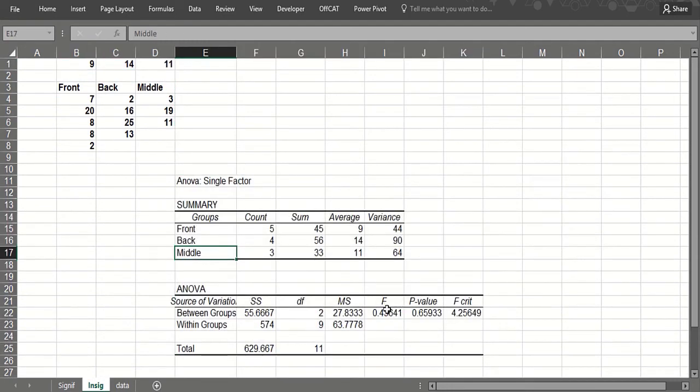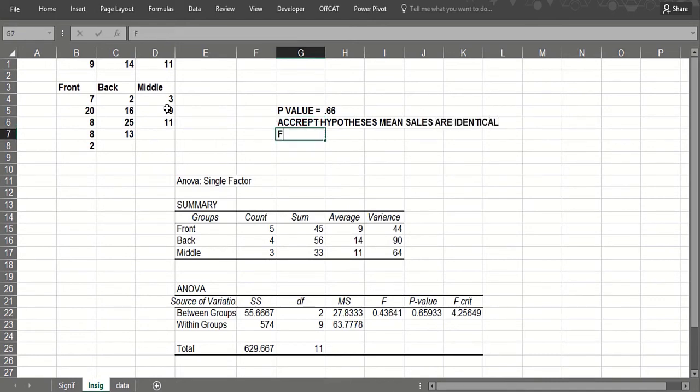Now look here: p-value 0.66. Accept the hypothesis that mean sales are identical for each position in the bookstore.